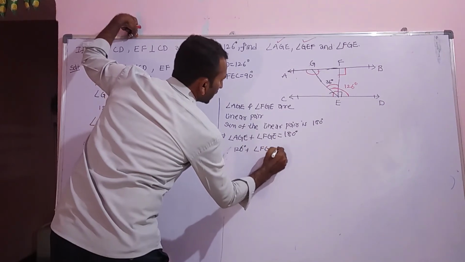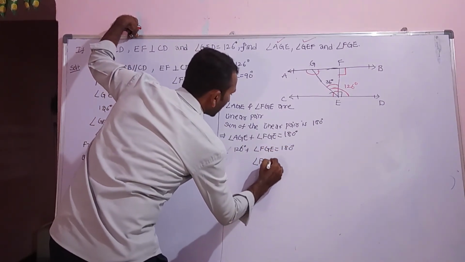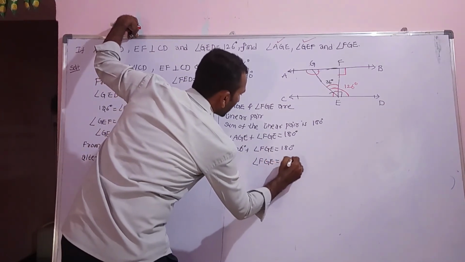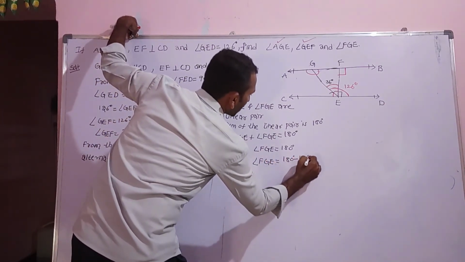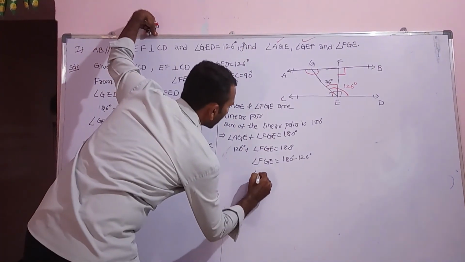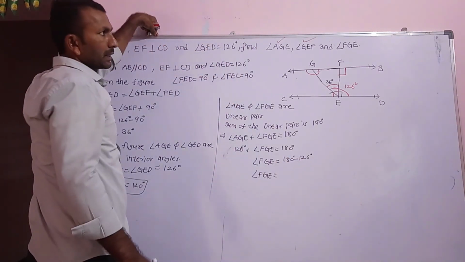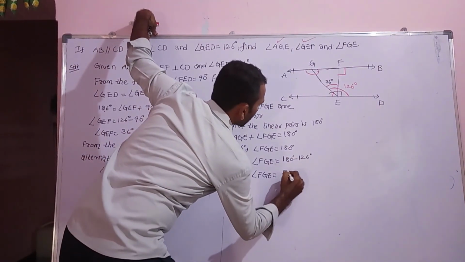Angle FGE equals 180 minus 126, which is 54 degrees.